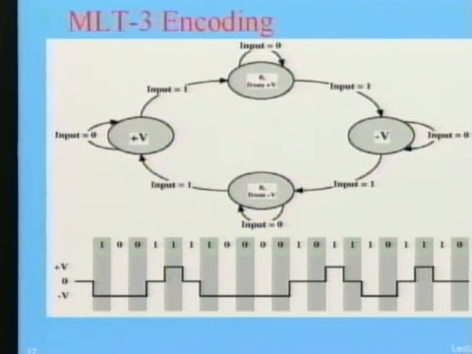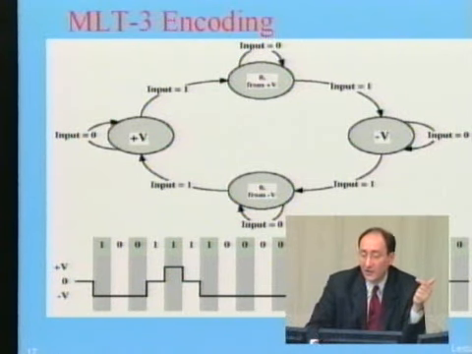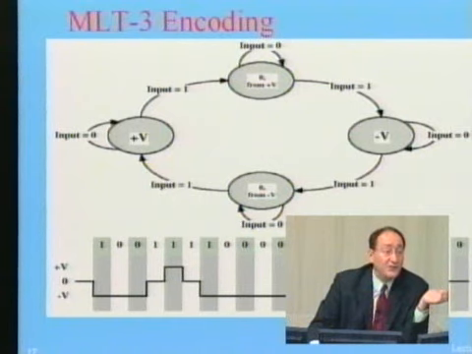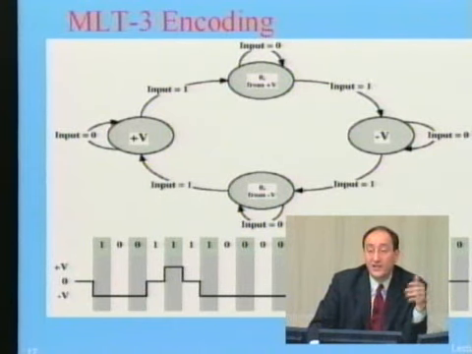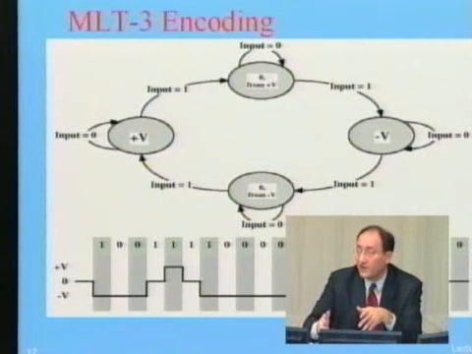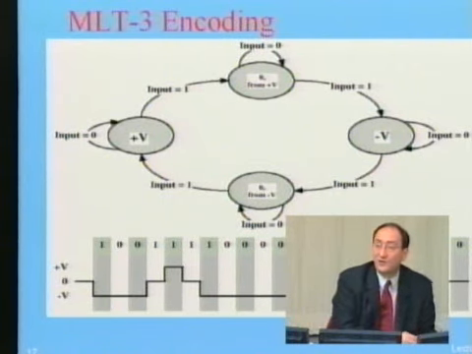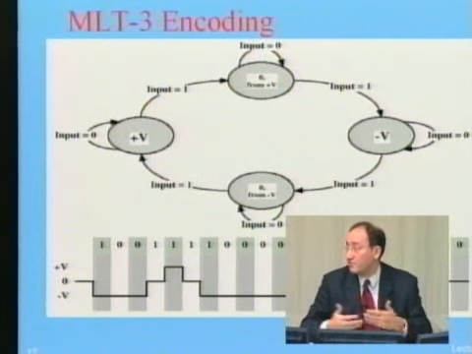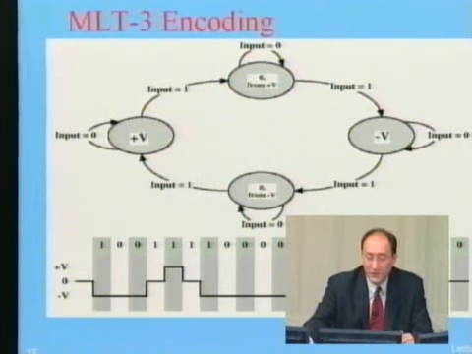FDDI as well as 100BaseX. Okay, so actually 100BaseX is FDDI Ethernet, if you want to call it. Because Ethernet became popular, now they took that physical layer of the FDDI and adopted it as a standard for Ethernet, which is better, easier.